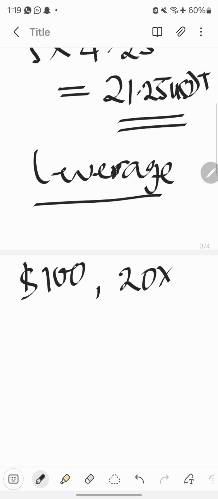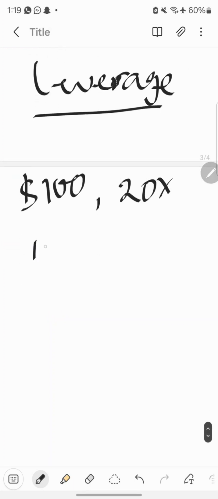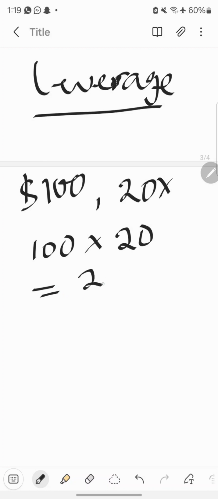What it means is that you now have a total capital to trade with, which is the amount you have multiplied by the leverage, 20. So if you calculate, you have $2,000 in capital. So you see, now your broker has lent you money that you can use to get better profit. I hope you are getting what I'm trying to say.